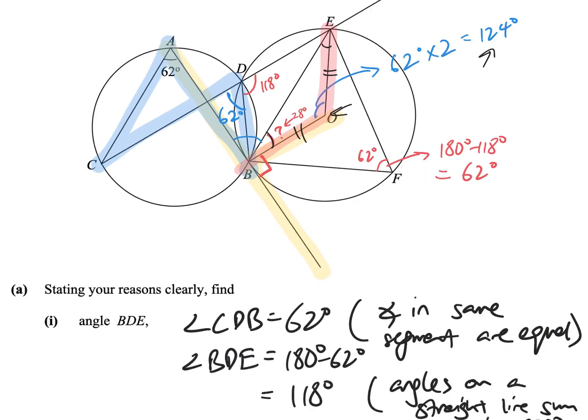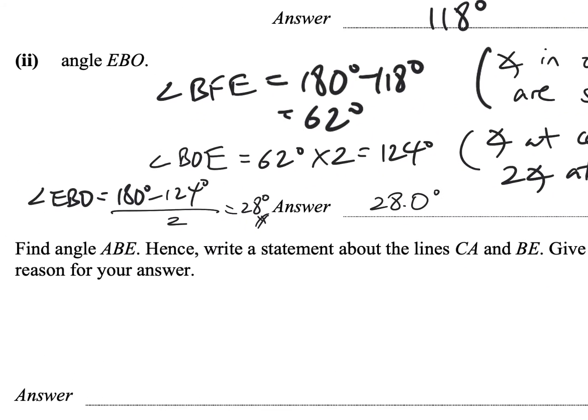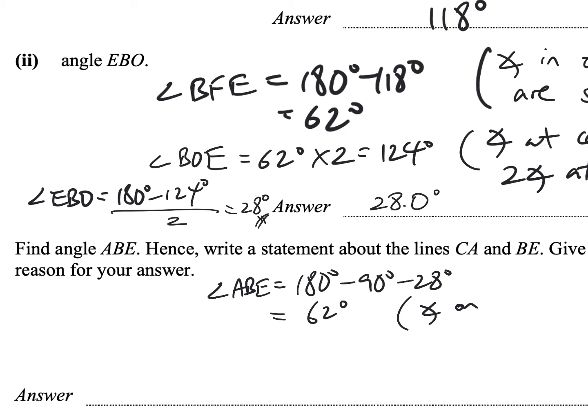So angle ABE equals 180 degrees, subtract away 90 degrees, subtract away 28 degrees, and what we get is 62 degrees, and we can say angles on a straight line sum to 180 degrees.